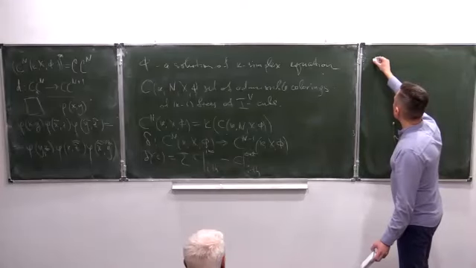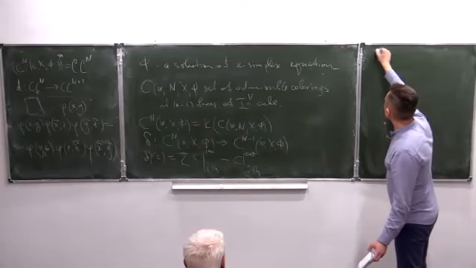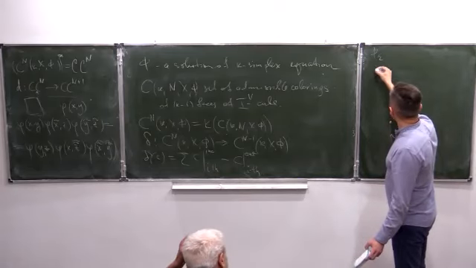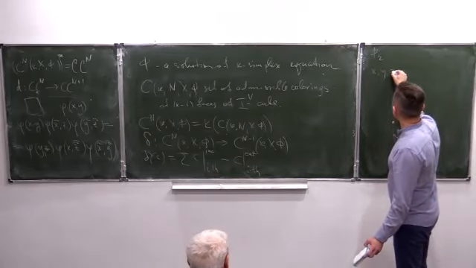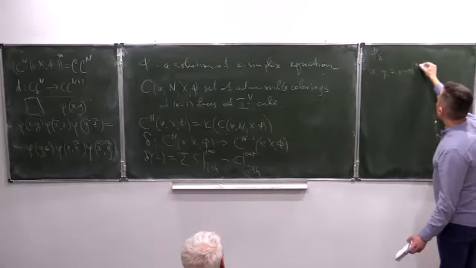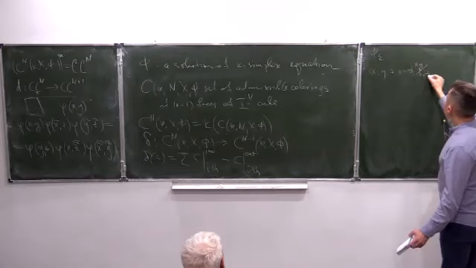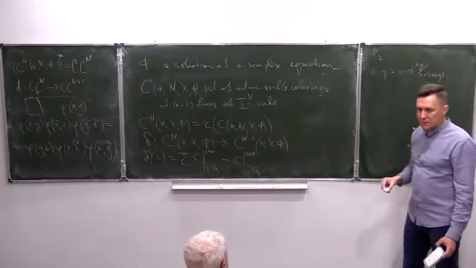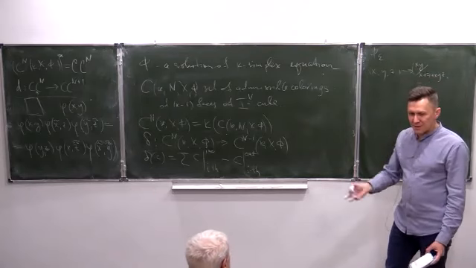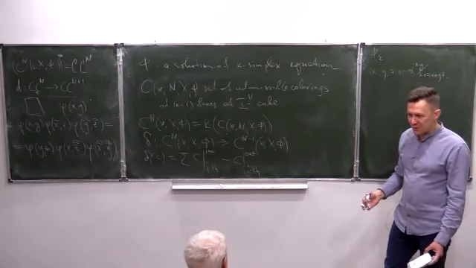For example, for the electrical solution, by electrical, it means that x, y, z is mapped to x, y. Why is it electrical? Because it somehow relates to the star triangle transformation in electrical circuits.